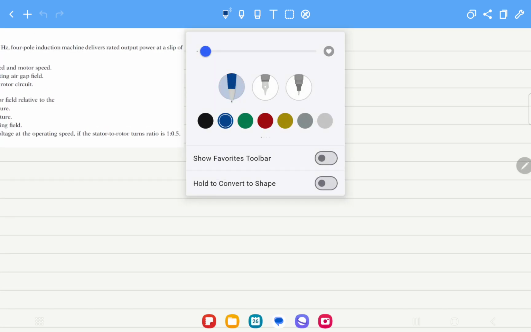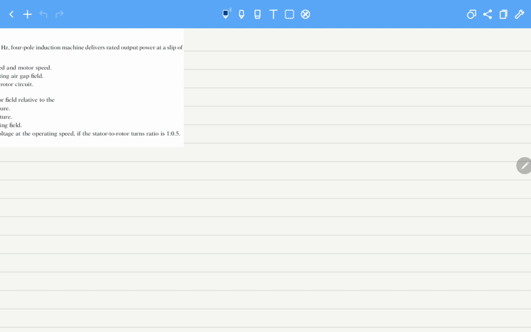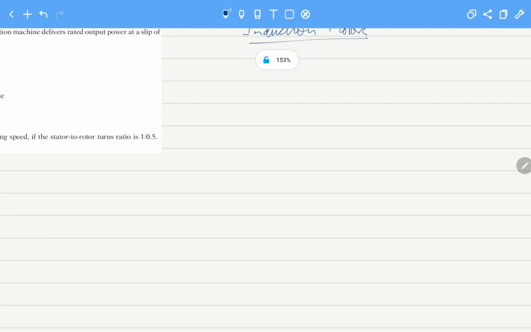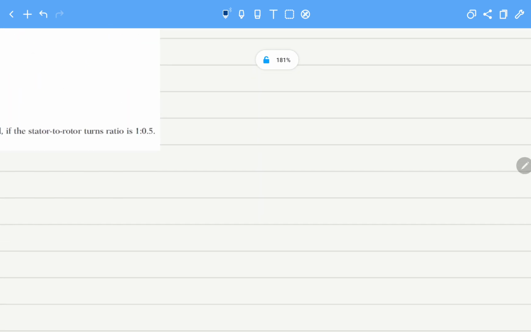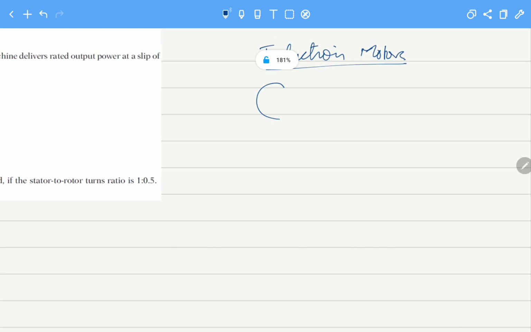So students, we are dealing with the topic related to induction motors. Before we start doing this example, I would like to briefly shed some light over the basic principles of induction motors. In an induction motor, we have a stator with three phase windings, and three phase electricity is connected.